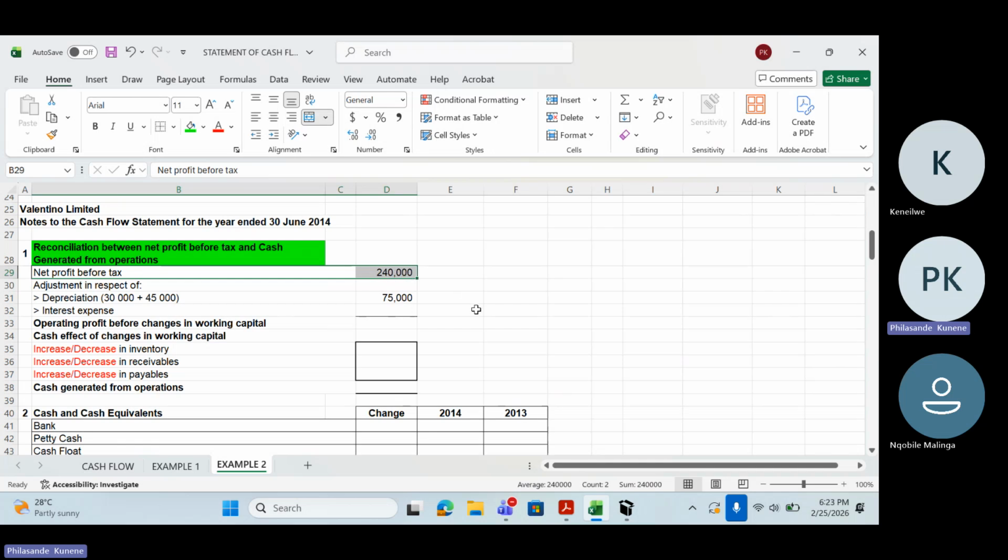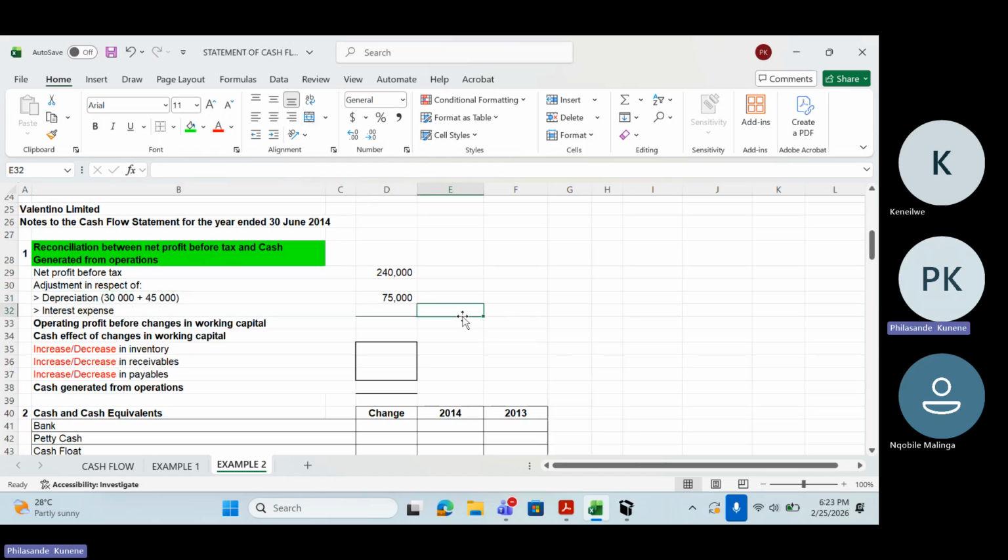Although it was an expense, there is no cash that moved out of the business. So that is the reason why we have to add it back to cancel the subtraction that we did before.